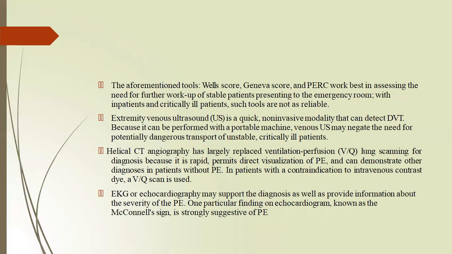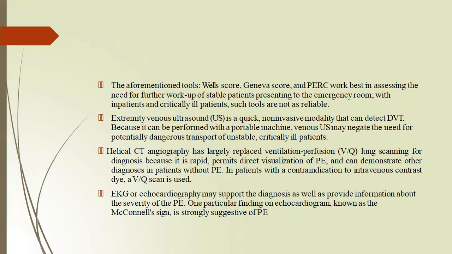Helical CT angiography has largely replaced ventilation perfusion lung scanning for diagnosis because it is rapid, permits direct visualization of PE, and can demonstrate other diagnoses in patients without PE. In patients with contraindications to intravenous contrast dye, a VQ, that is ventilation perfusion scan, is used.